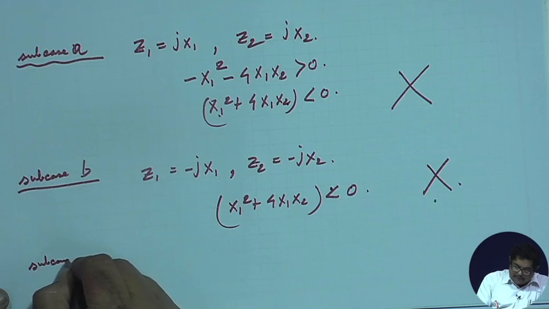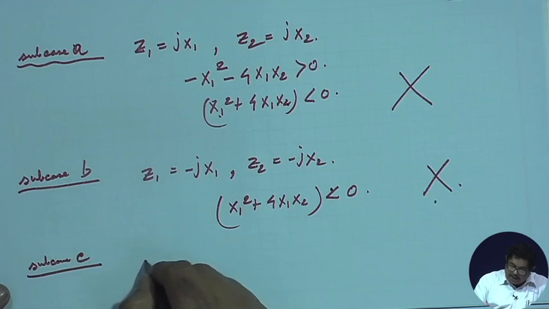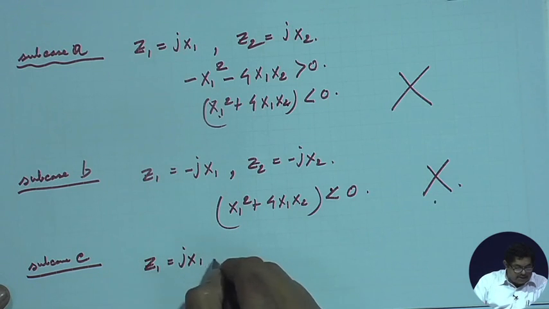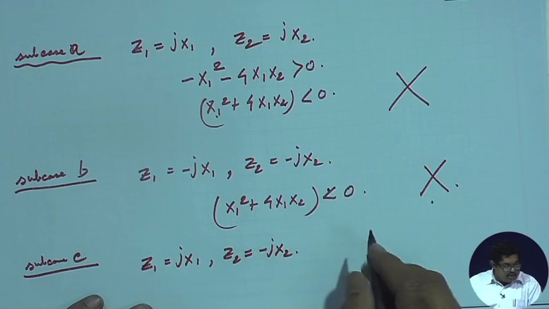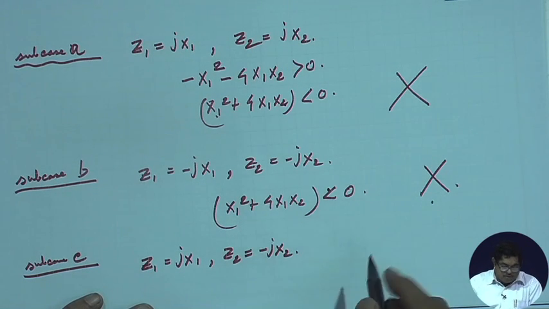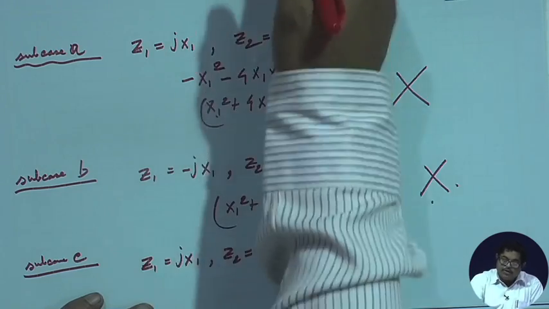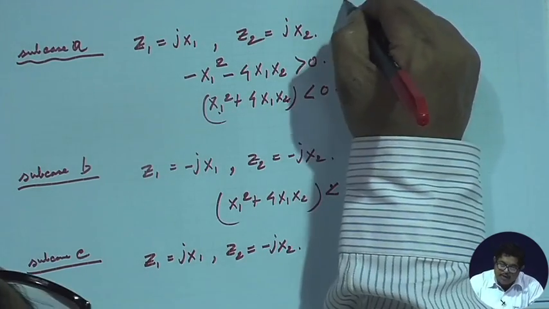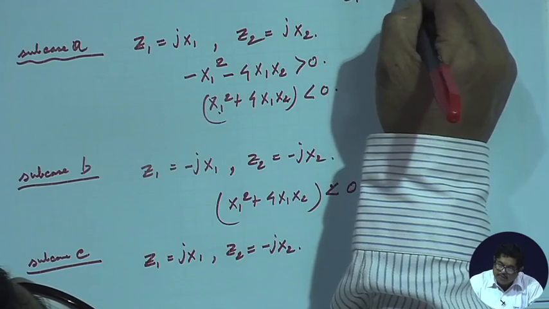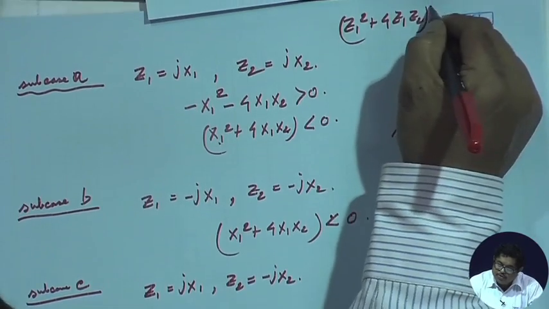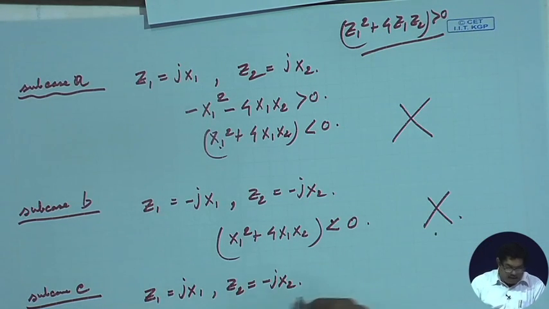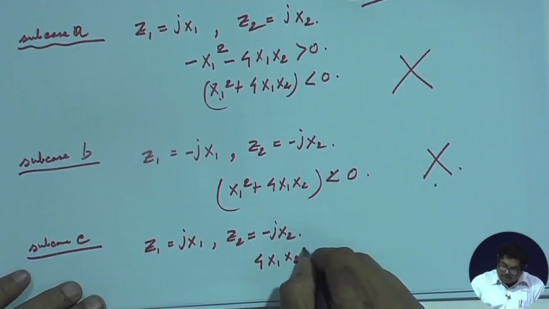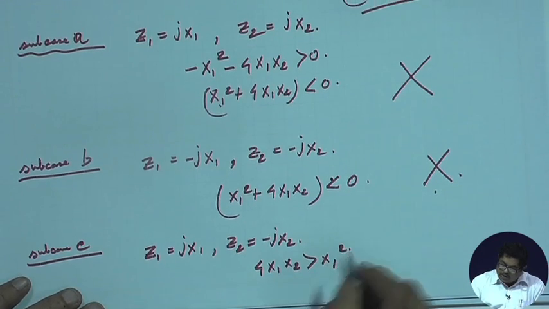Subcase C: here let me take Z1 as jx1 and Z2 with opposite sign, minus jx2. If you do this, what is the value of Z1 square? Always we are evaluating Z1 square plus 4 Z1 Z2, which should be greater than 0. This is the condition to achieve passband. Doing this, we get 4 x1 x2 greater than x1 square.